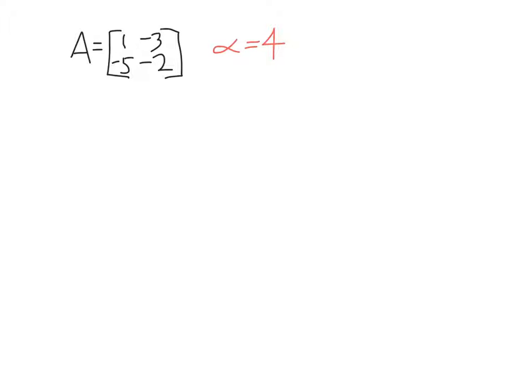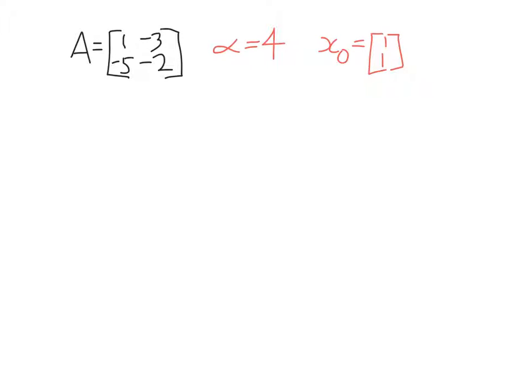So this method will converge to the eigenvalue closest to 4, and it will also give its associated eigenvector. So I'm going to choose my initial guess for the eigenvector as (1, 1). Remember, I want the largest entry of my original guess to be 1. That just stops the vectors getting arbitrarily large.